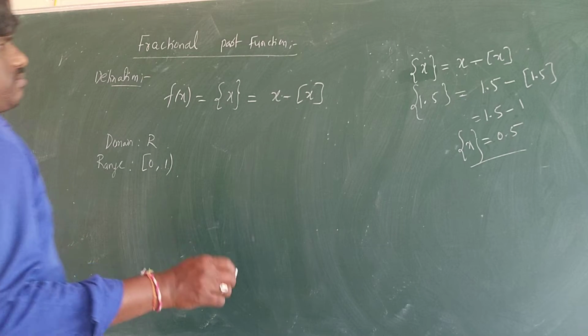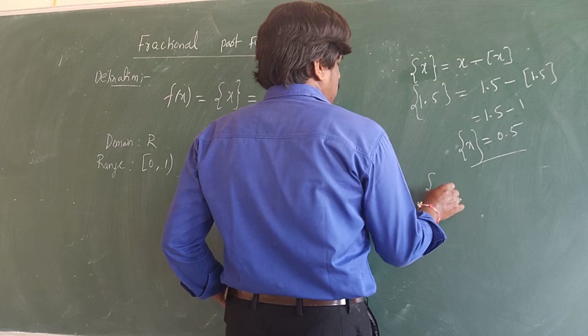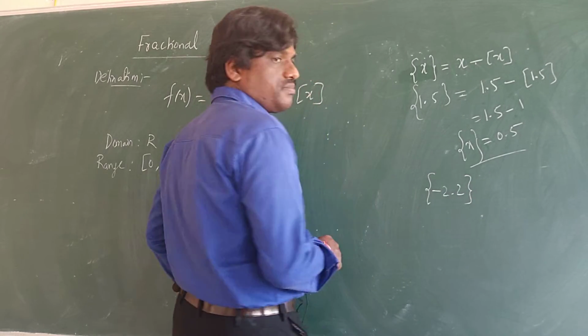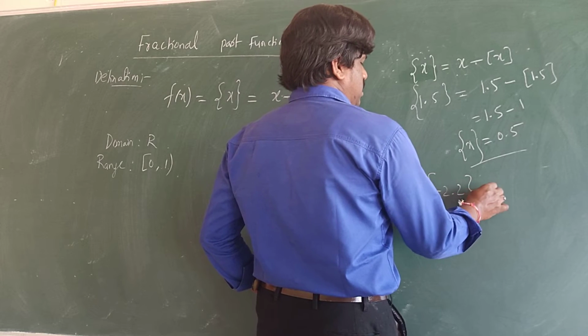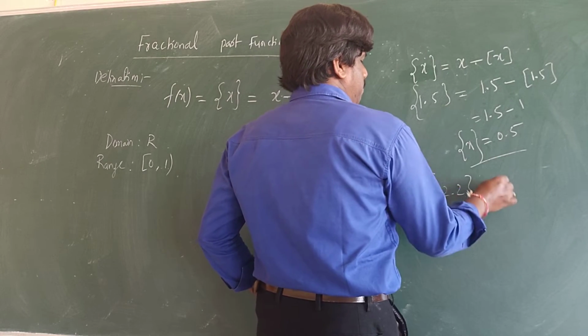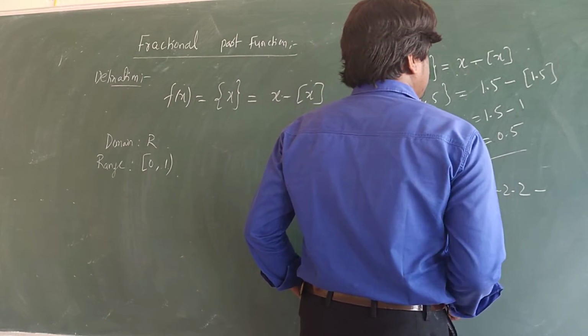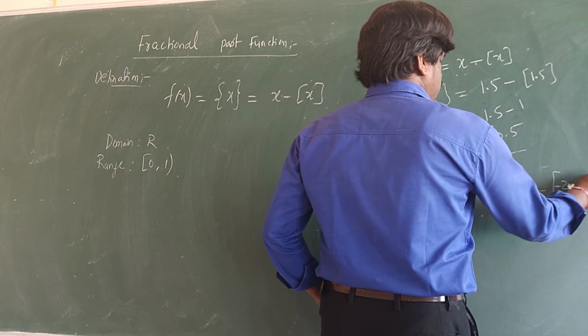For example, one more thing we'll do. Suppose you have minus 2.2, let us consider it. So I can write what here? Fractional part of a function can be written as number minus greatest integer of minus 2.2.